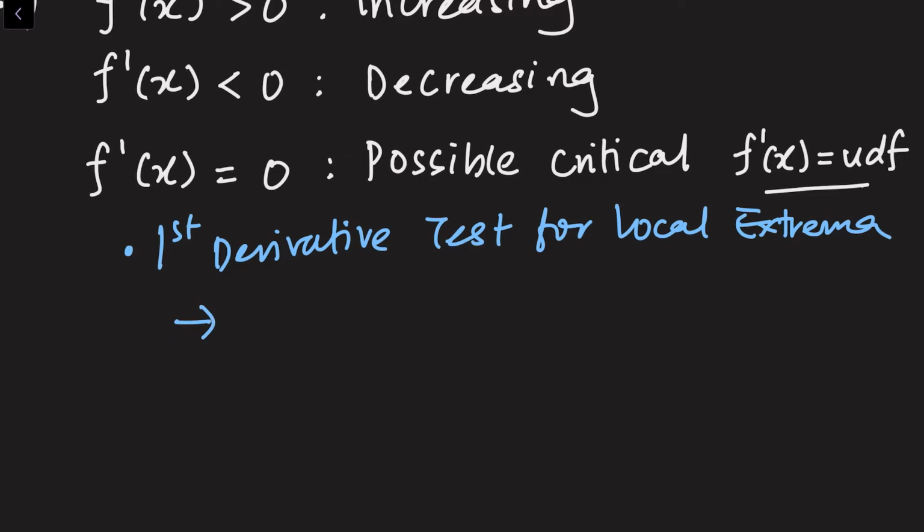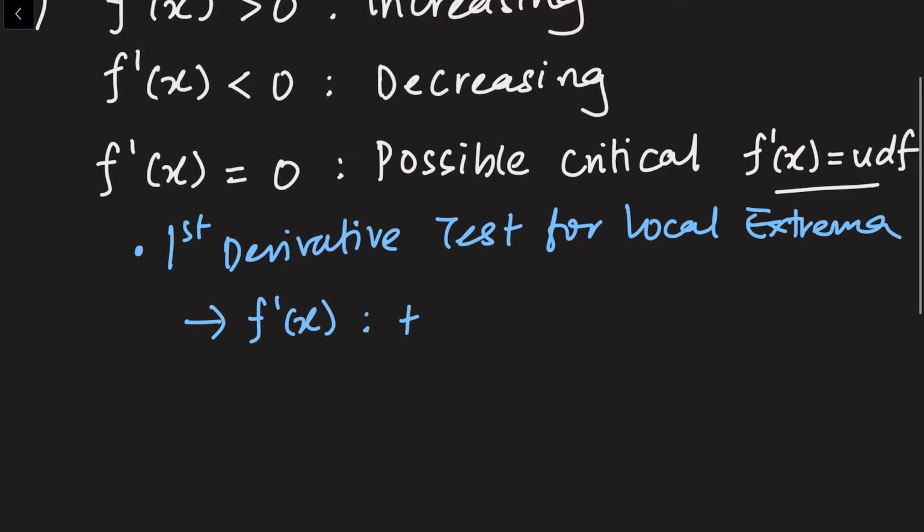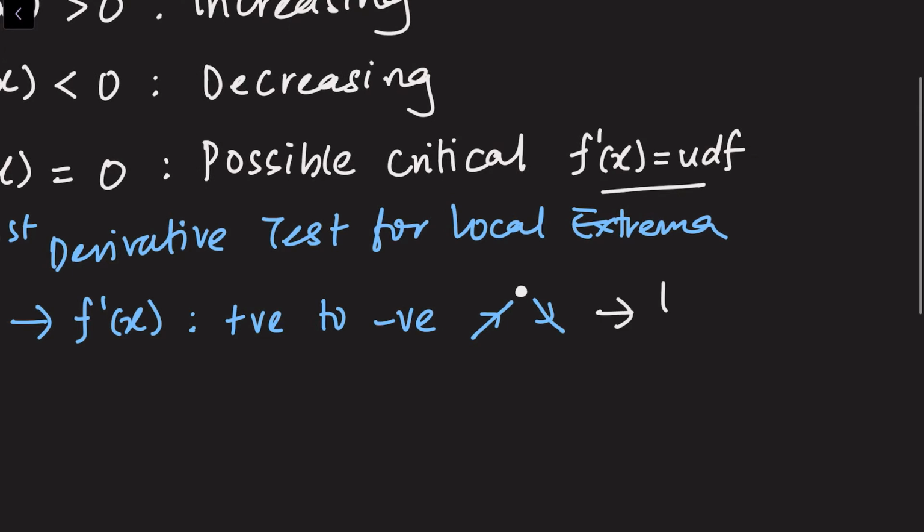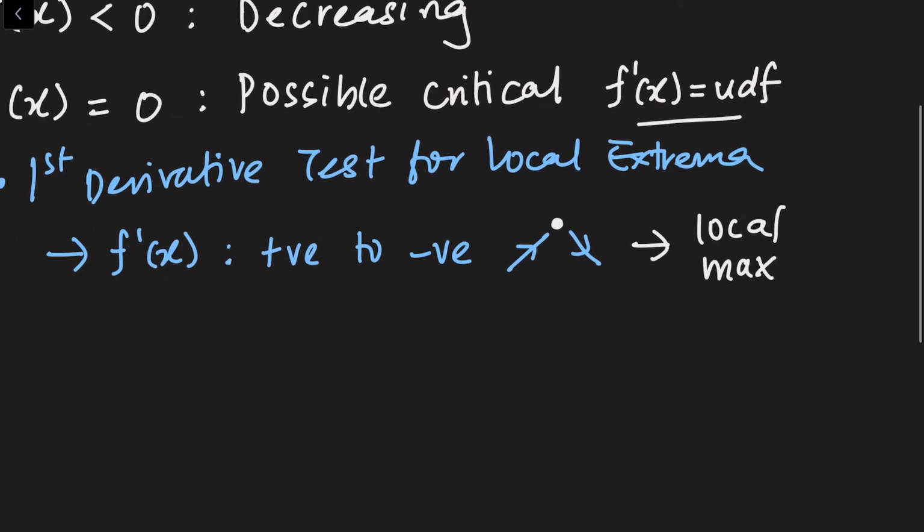If f prime x changes from positive to negative, it was increasing then decreasing. The only way that can happen is if you have a local maxima at that critical point. Alright?